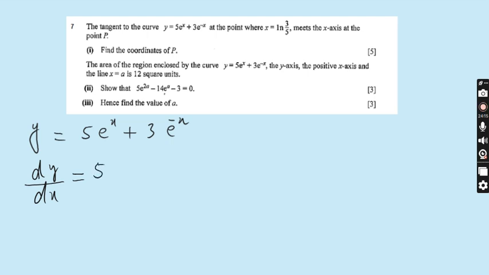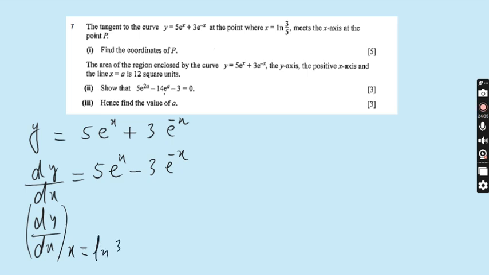5e^x derivative is 5e^x. 3e^(-x) derivative is minus 3e^(-x). That's it. Now substitute the value of x in this derivative. The value of x is given, you can see in the question, ln 3 upon 5.